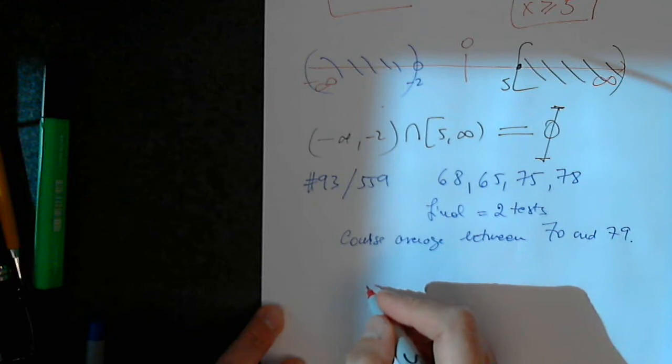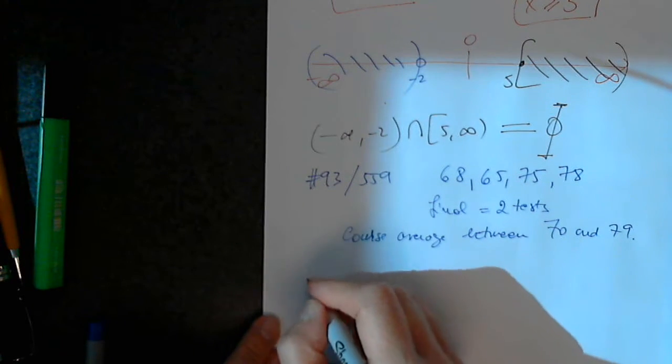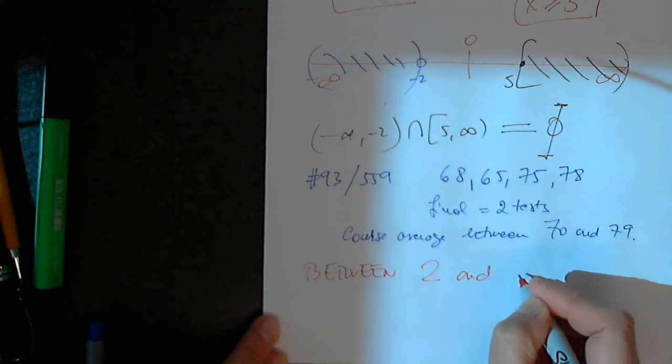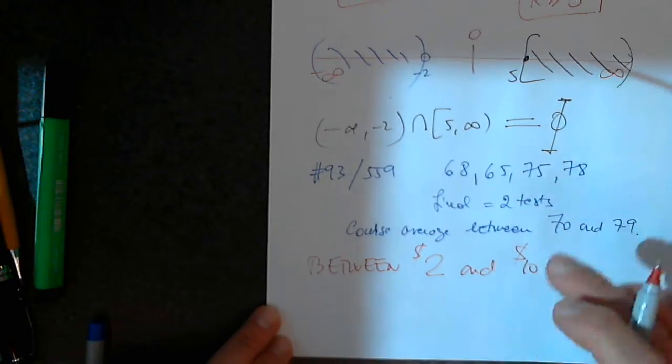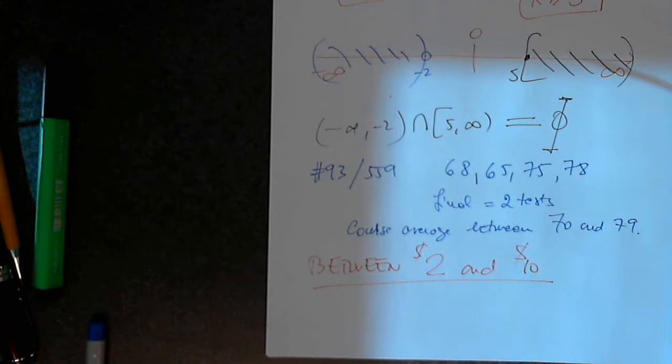Brackets 2, brackets 10. That's not an inequality. So I want to express between $2 and $10. Forget about our problem for a moment. I need to express this in mathematical terms, based on what I just studied.